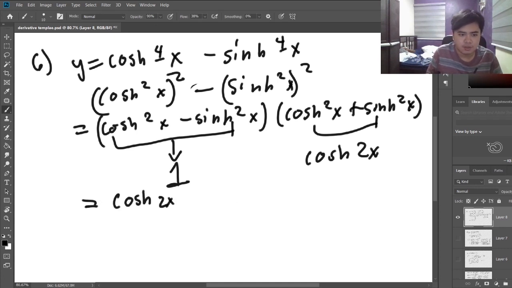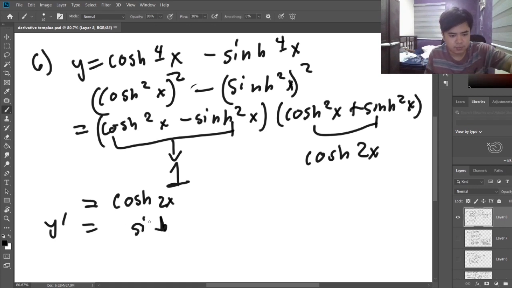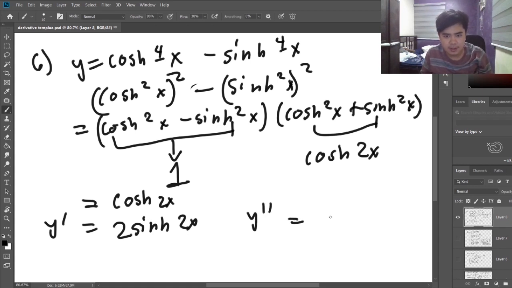We need the third derivative. So y prime is equal to sinh of 2x, then multiply by the derivative of 2x, which is going to be 2. y double prime is 2 times cosh of 2x, then multiply by 2, the derivative of 2x.